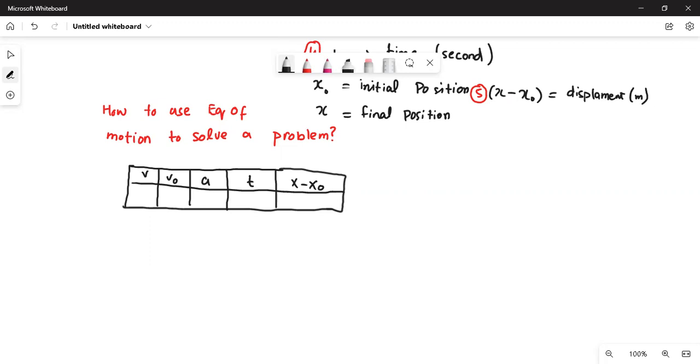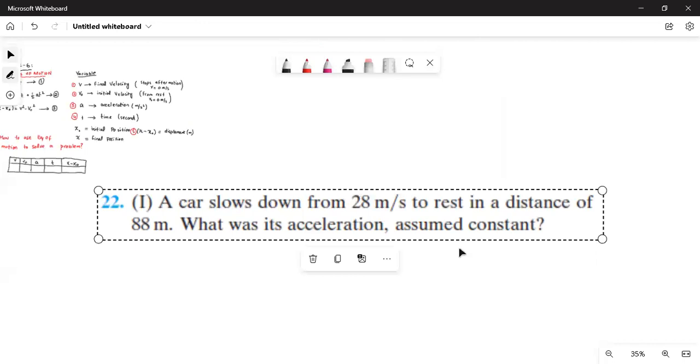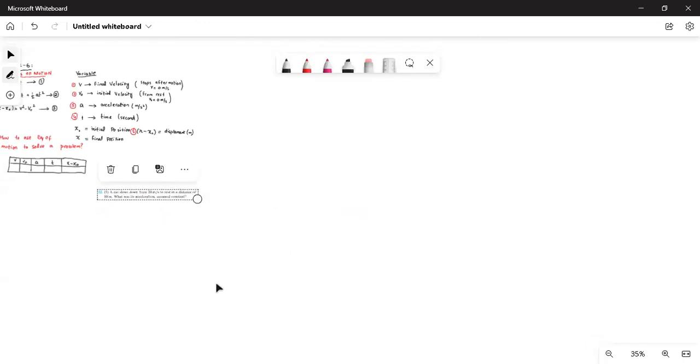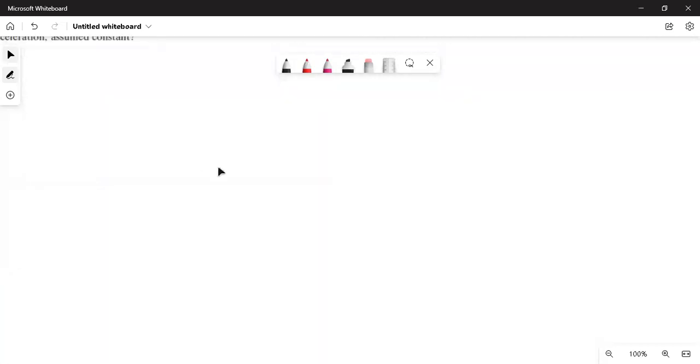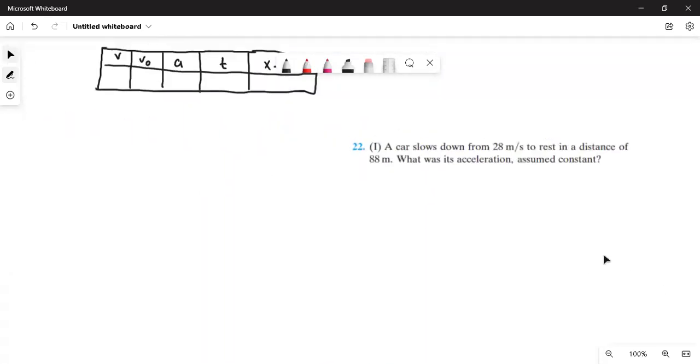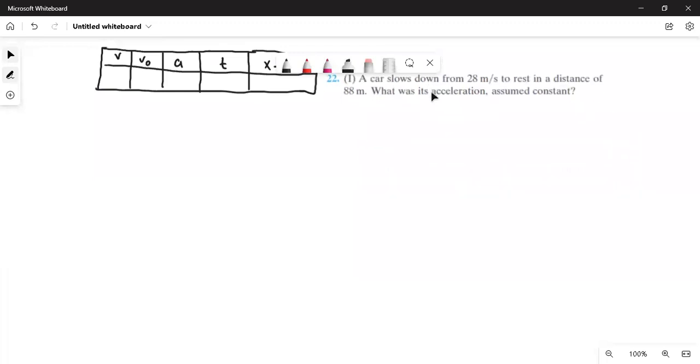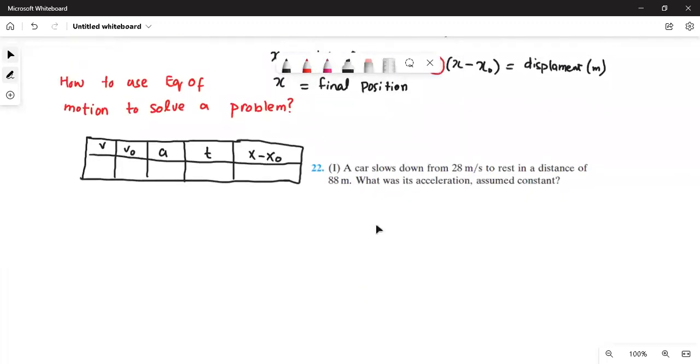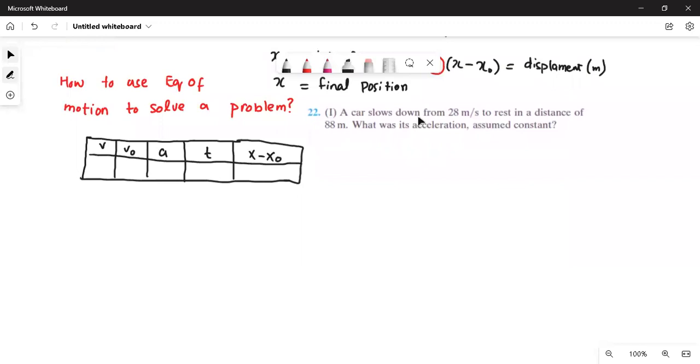For example, I have question number 22. This is the easiest of all the questions we have. Look here, this is question number 22, and according to the question, a car slows down.